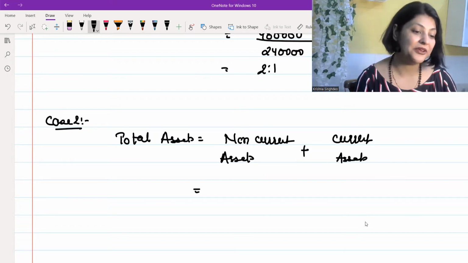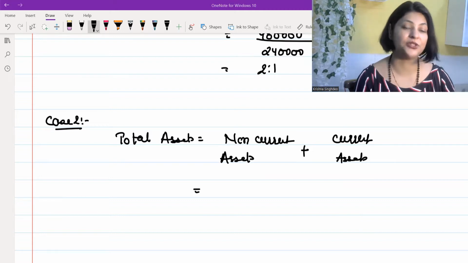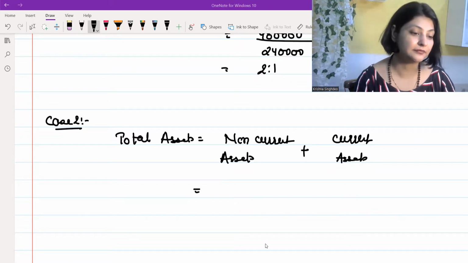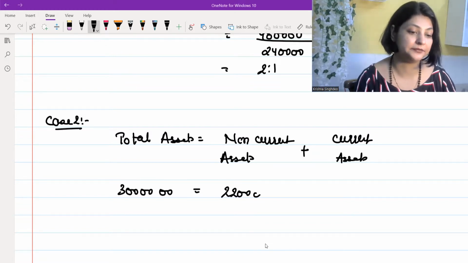Now, I know what are my total assets. Total assets are given to me by the question itself. So 30 lakh is the total assets, and non-current assets are 22 lakh.